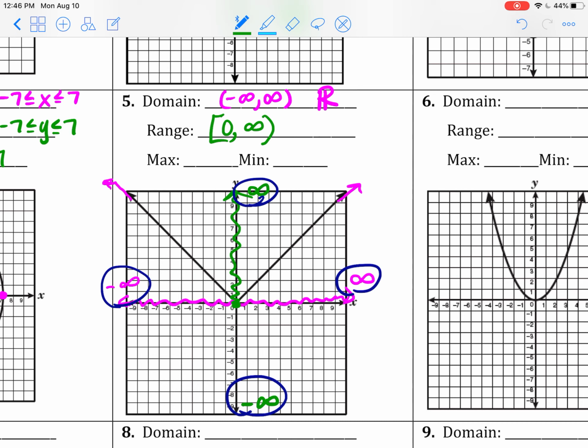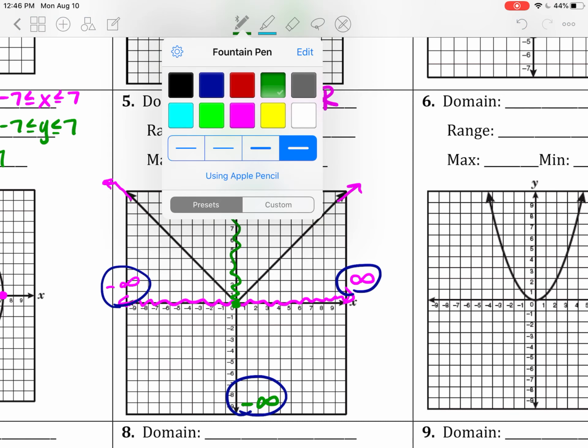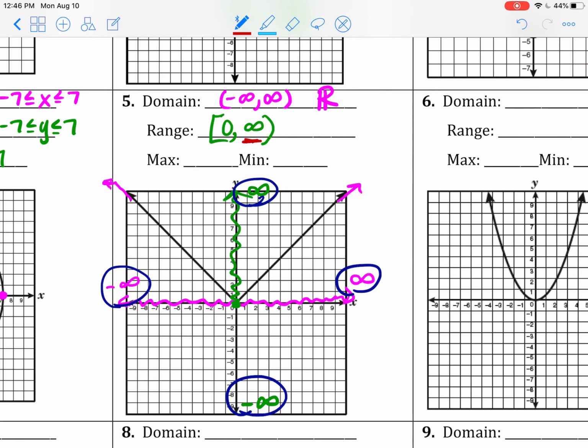This is another situation where our maximum does not exist. You cannot use infinity as a maximum. So this would be another situation that you can always get higher than whatever number you give me. So we're going to say DNE for does not exist, but the minimum does exist, 0.